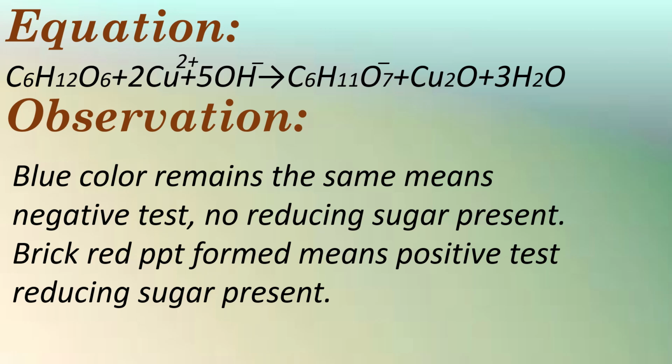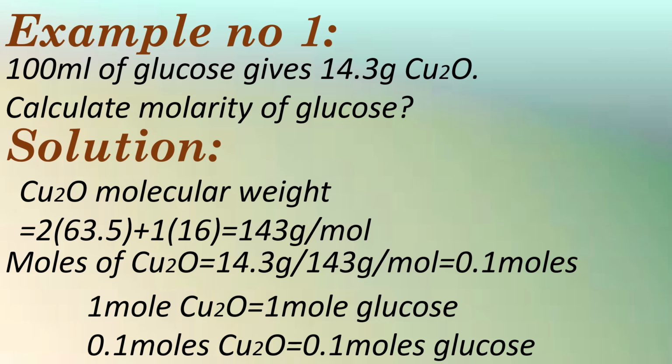If a brick red precipitate is found, the test is positive and reducing sugars like glucose, fructose, maltose, lactose are present. So this test is used to identify reducing sugars and aldehydes.